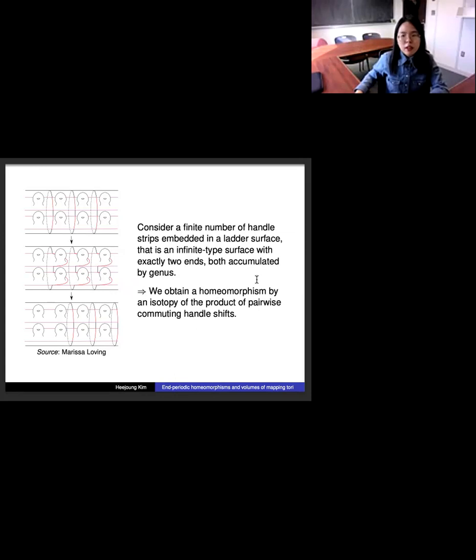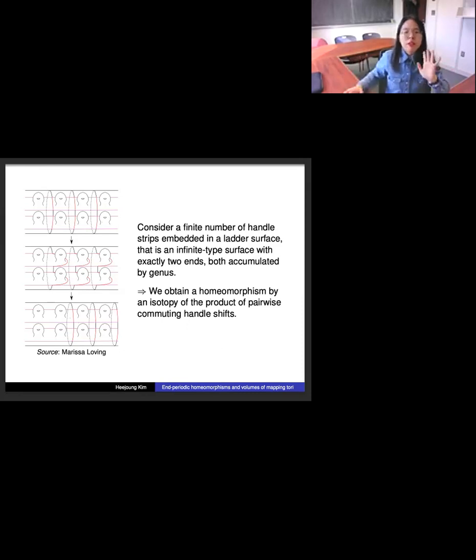Then the product of pairwise commuting handle shifts is a homeomorphism. For example, we have two handle strips in this picture, and the product of commuting handle shifts becomes a homeomorphism. For example, shift this one like that, and then for this strip we think about this handle shift, then the product becomes a homeomorphism as well.